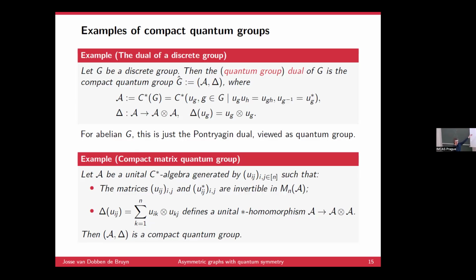If these two properties are satisfied, then (A, delta) is a compact quantum group, and it's called a compact matrix quantum group.